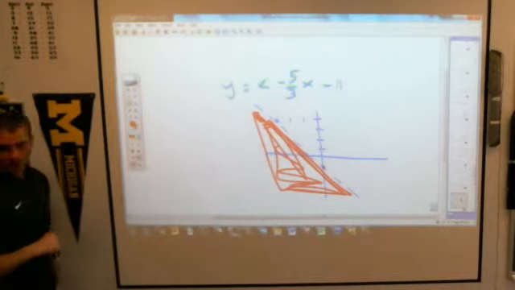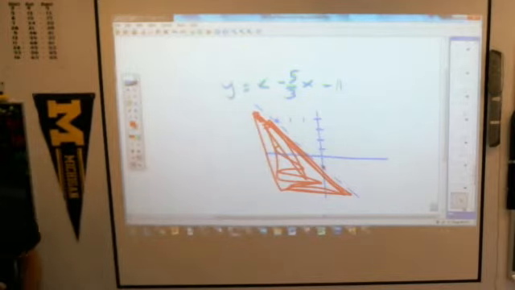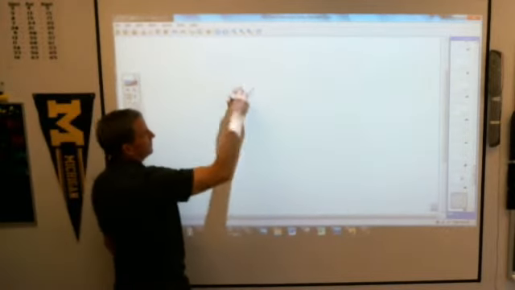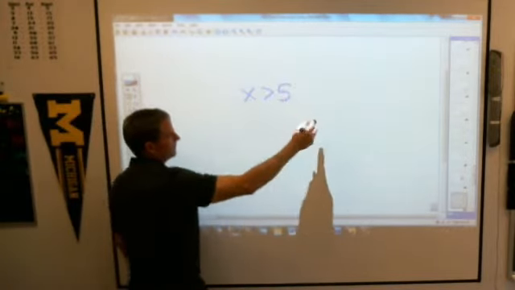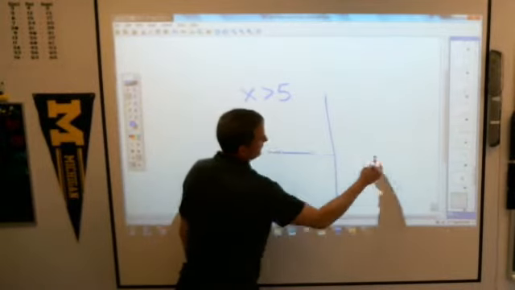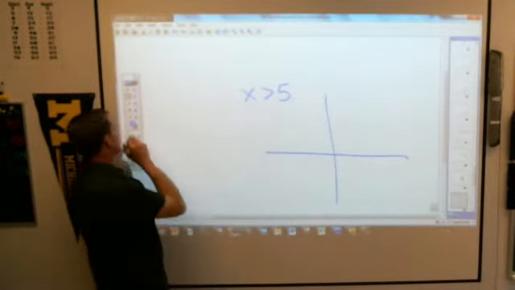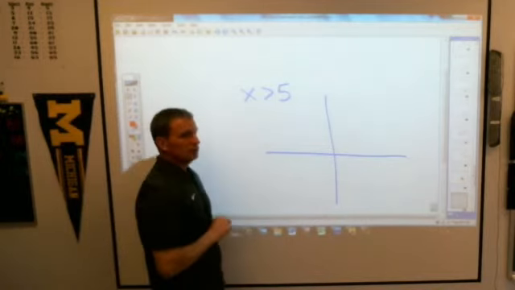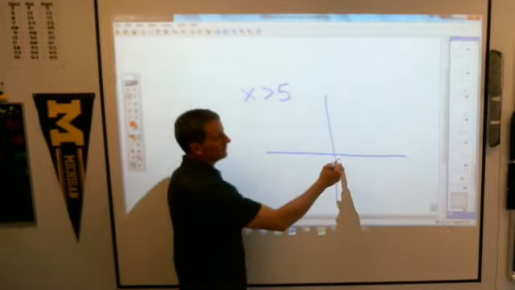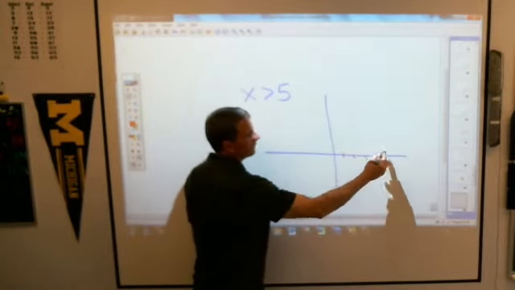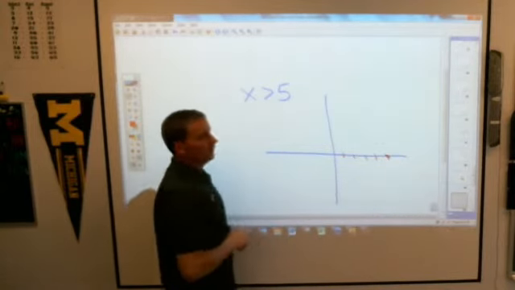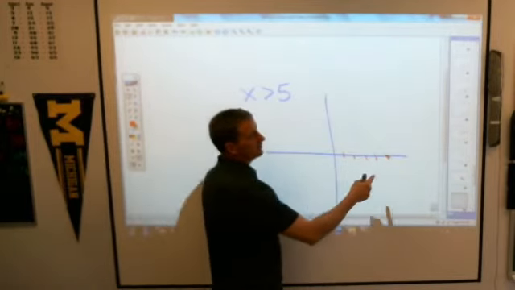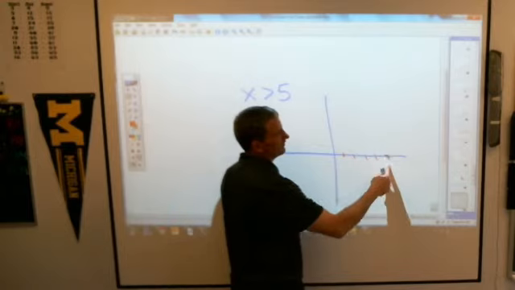Now, you obviously have a question about problem number 1, where x is greater than 5. There are some small exceptions here. Since this doesn't have a y, we really don't think about y a whole lot. Where is x equal to 5? Right here, right? 1, 2, 3, 4, 5. If you look back in your notes, when we had x equals 5, that just means no matter what y is, x is always 5.